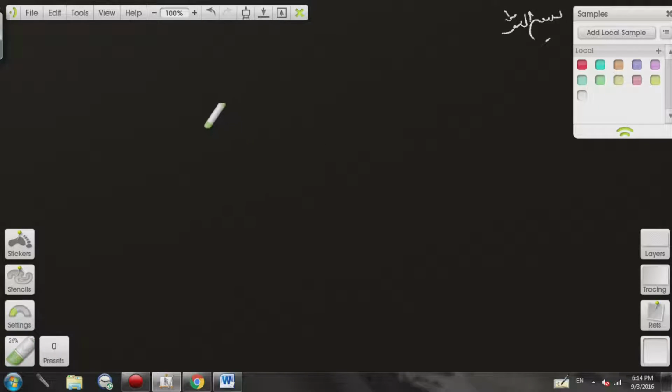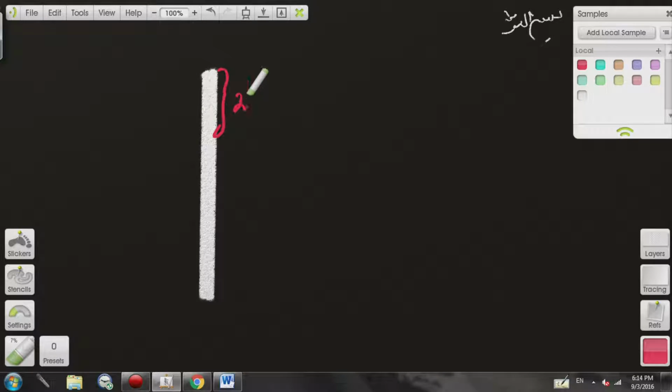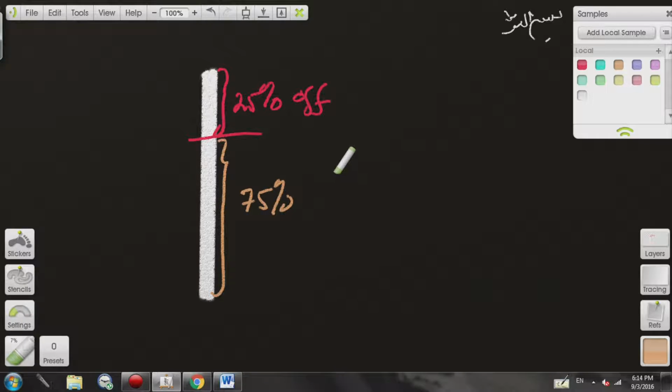This is actually quite important. So watch. If this is, let's say, the price of something, and you're told that you have 25% off, that means that's how much of the cost is being sliced. Well, how much is left? If 25% off, you have 75% that you have to pay.